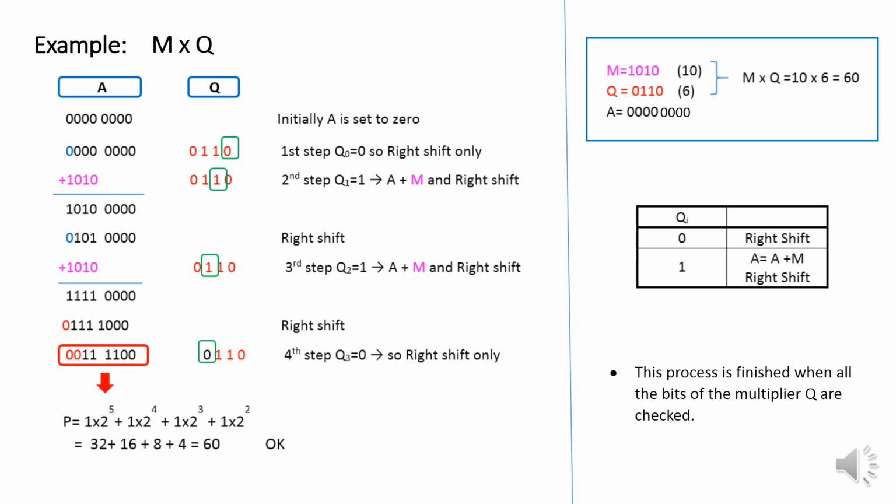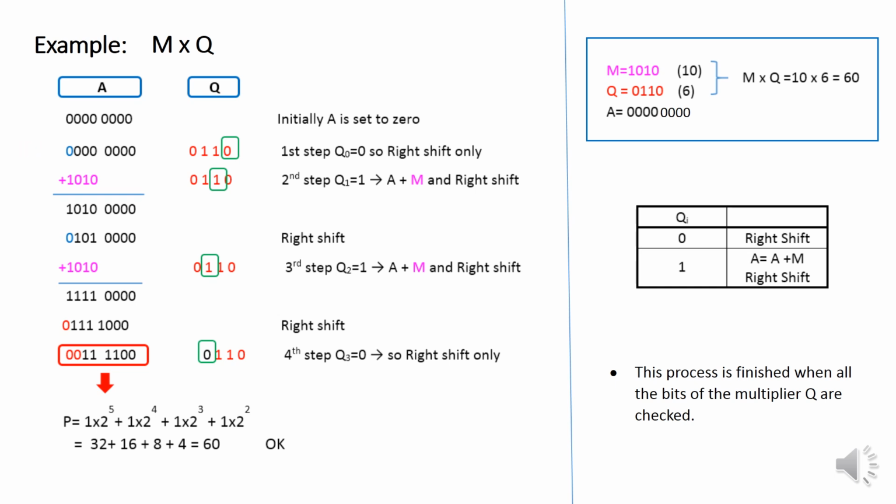This is the multiplicand, this is the multiplier, and this is the accumulator: 4 bits, 4 bits, and 8 bits for the accumulator. Initially, the accumulator is set to 0.